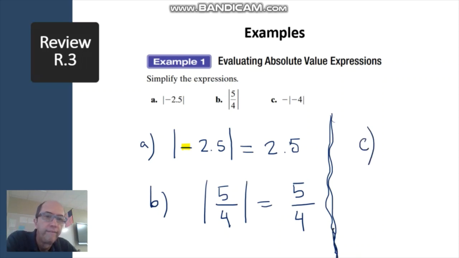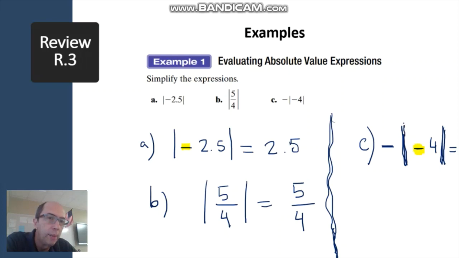C. Now pay attention. Negative absolute value of negative 4. This is tricky. The absolute value function will remove the negative sign inside. But the negative sign that's outside the absolute value stays the same.